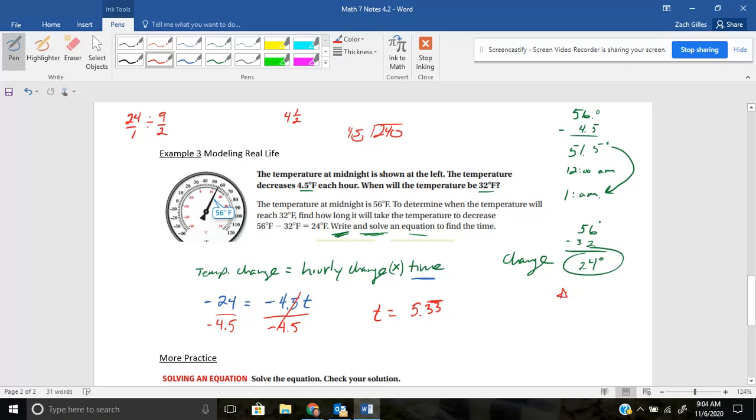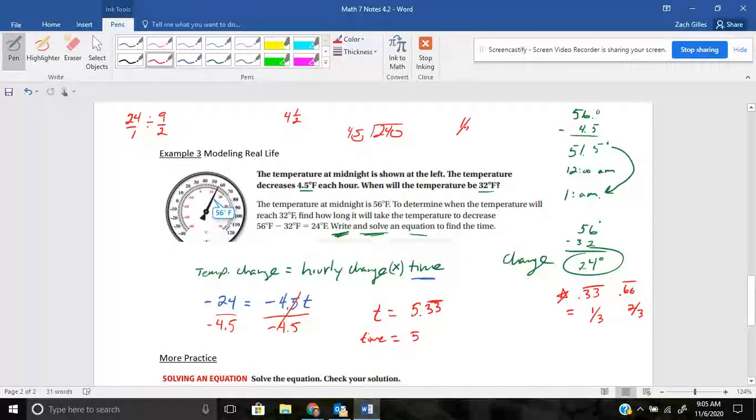Remember that 0.33 repeating is the same thing as 1/3. Okay? 0.66 repeating is the same thing as 2/3. Okay? Those are a good kind of just quick mental math, decimals and fractions to know. So the time is 5 o'clock, and then we're looking for what does 1/3 represent in terms of time.